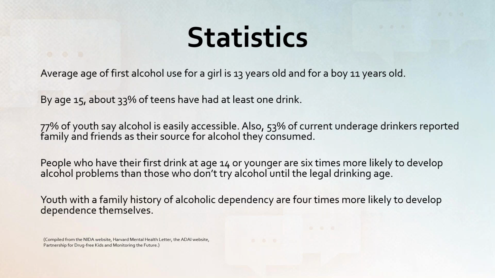And then youth with a family history of alcohol dependency are 4 times more likely to develop dependency themselves. So again, I know this is a hard topic for a lot of families, but be willing to talk about alcohol dependency issues inside your own family.